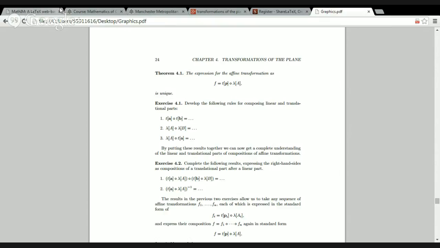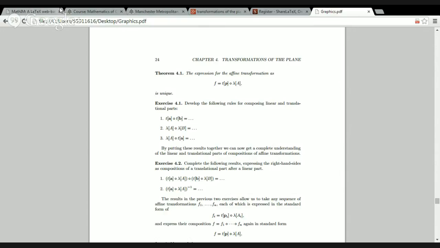So it's going to be a mapping, I've called it phi, a mapping of the plane phi, which preserves the distance between points. So the magnitude of the vector phi of x minus phi of y, that's the vector that points from phi of y to phi of x, we want that to be the same as the magnitude of the vector pointing from y to x.